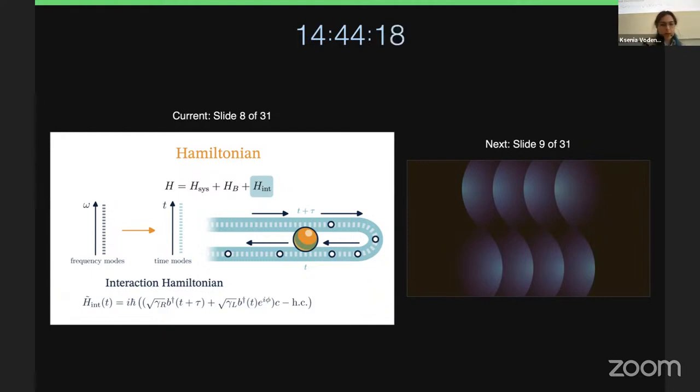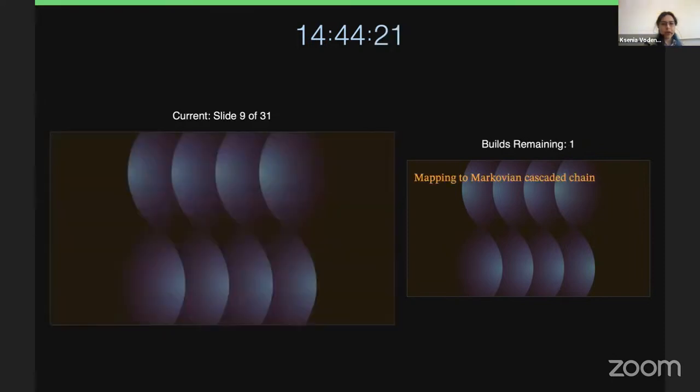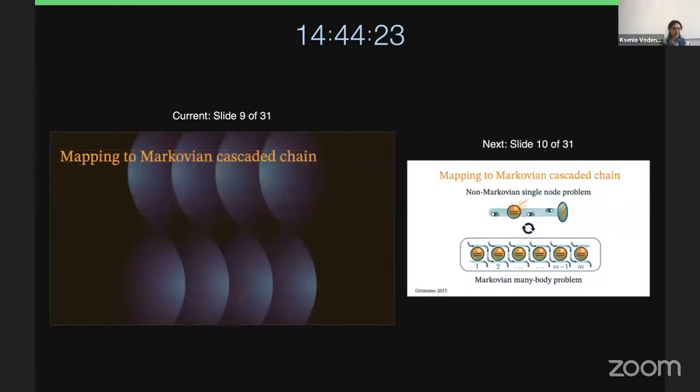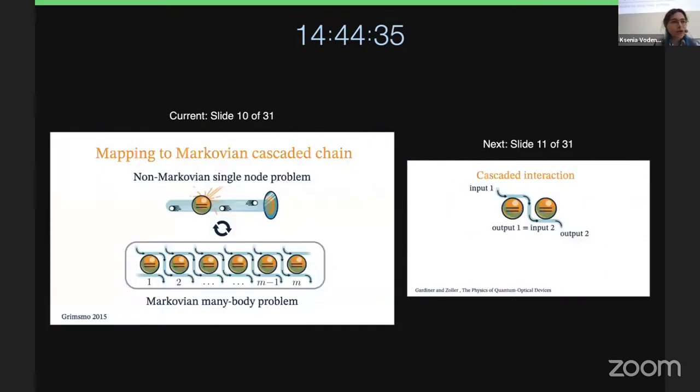Okay, so now I will actually give you a spoiler. I will tell you how we're going to solve this problem without diving into a lot of details. Here's the trick. We're going to map our non-Markovian single-node problem with just one atom to a Markovian many-body problem.